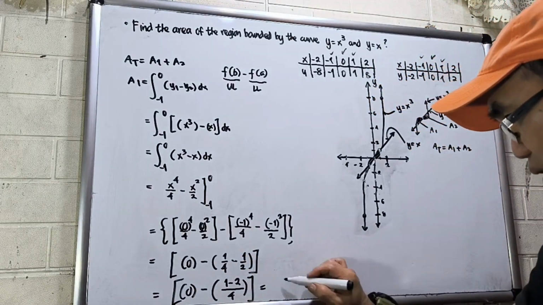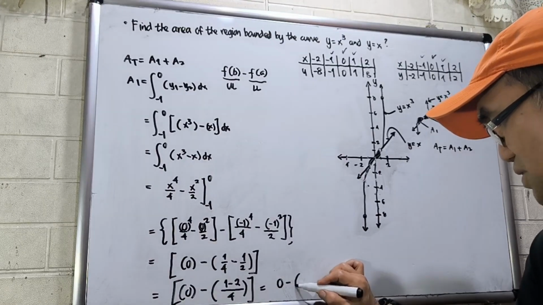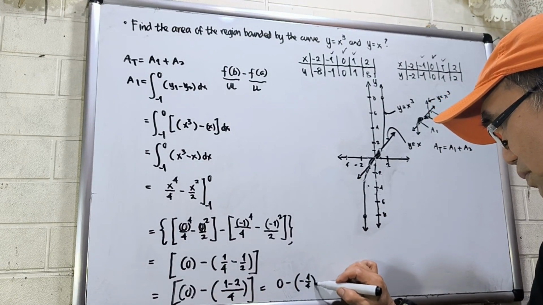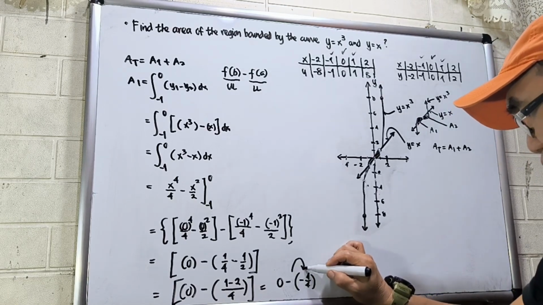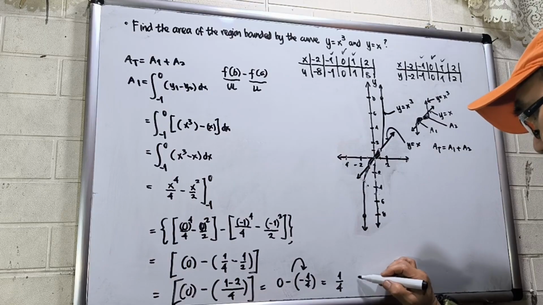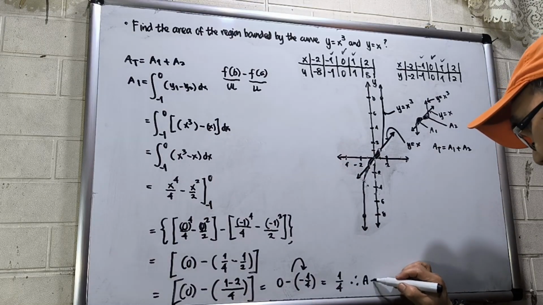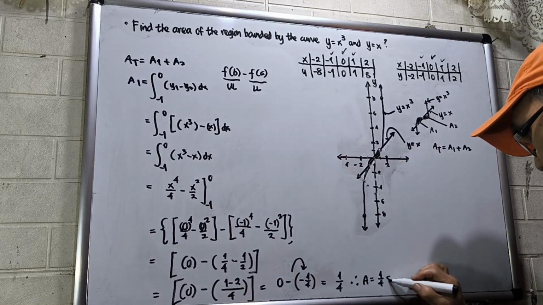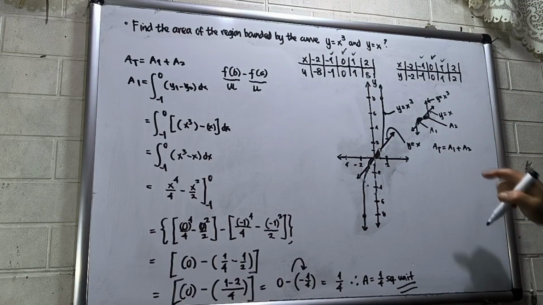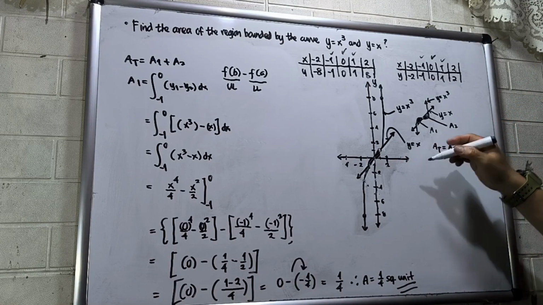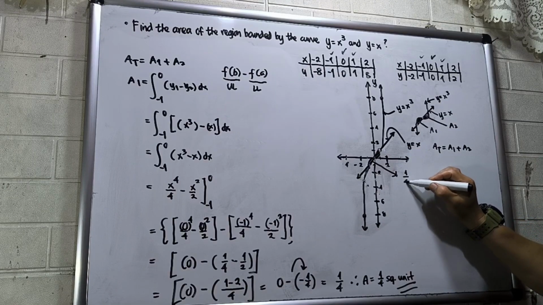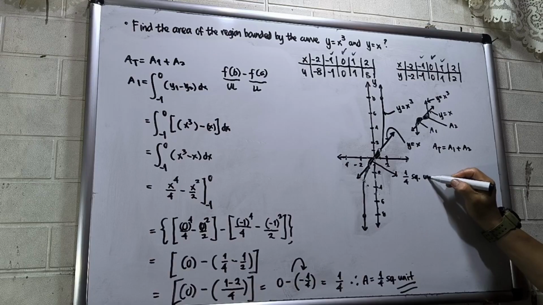So this will be 0 minus circle brackets 1 minus 2, that will be minus 1 over 4. So this will be equal to 1 over 4. So meaning area 1 is 1 over 4 square unit. Okay? So this tiny area will be equivalent to 1 over 4 square unit.